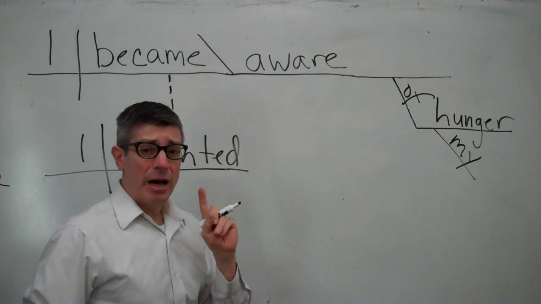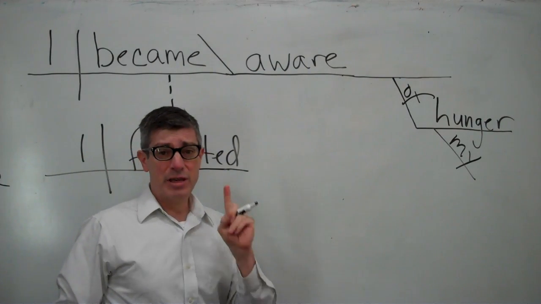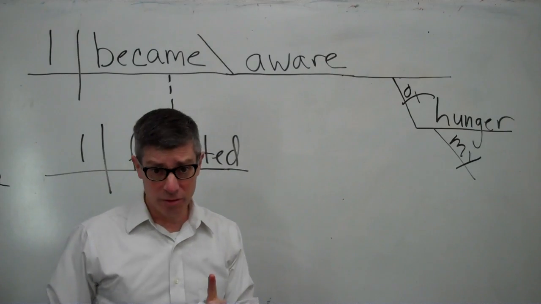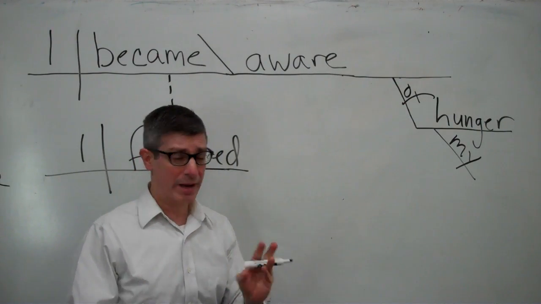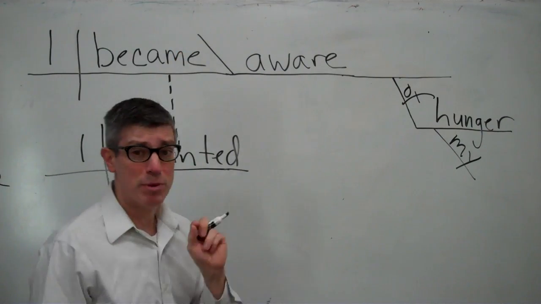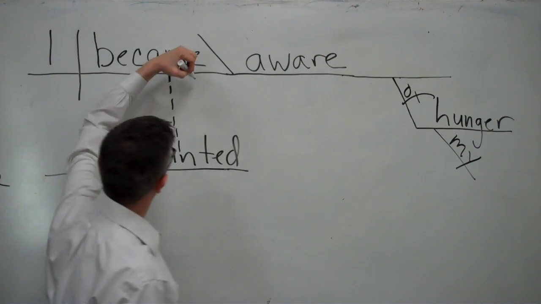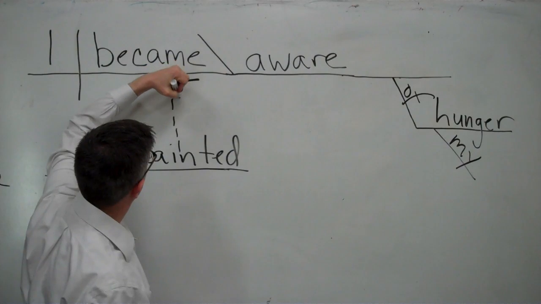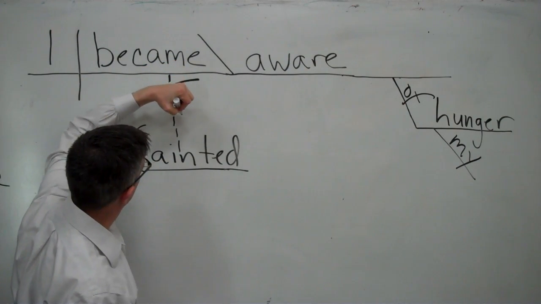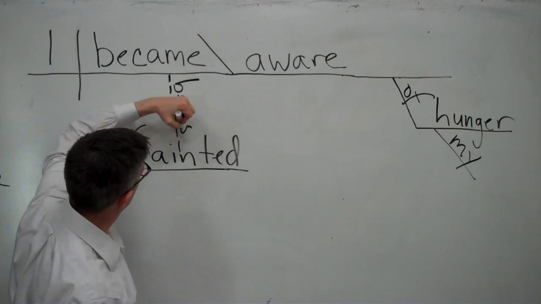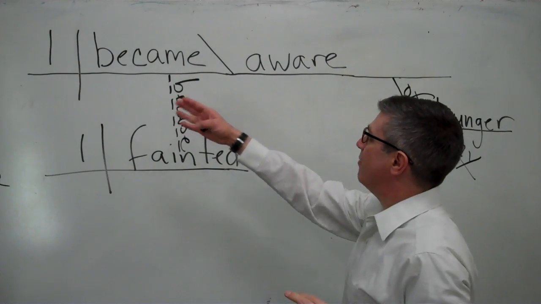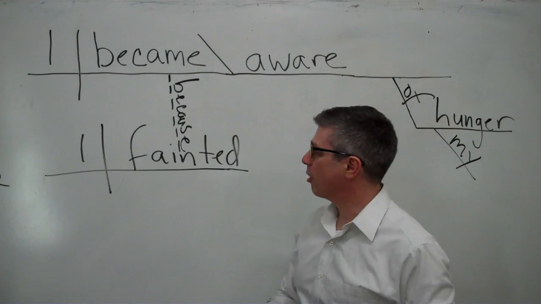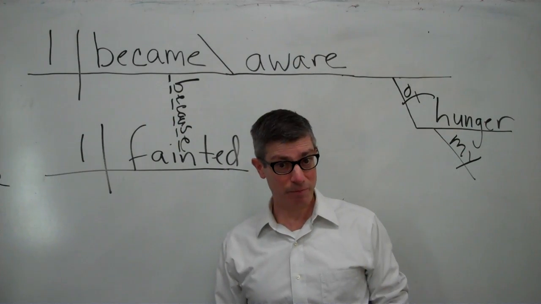And we put the subordinating conjunction, because that's what adverb clauses begin with. They begin with subordinating conjunctions, in this case because, and we draw it right on this dotted line. I haven't left myself very much room, but just enough. So now what we have is: I became aware of my hunger because I fainted.